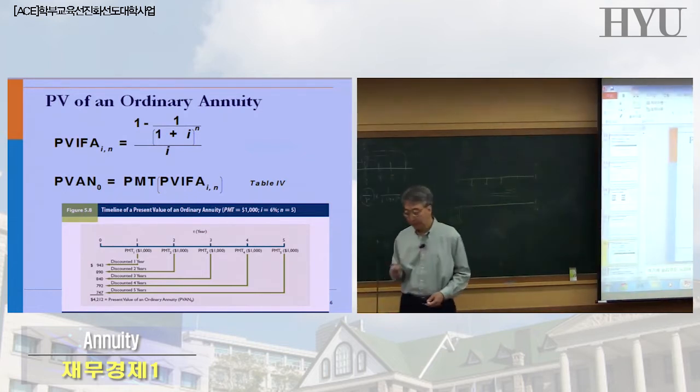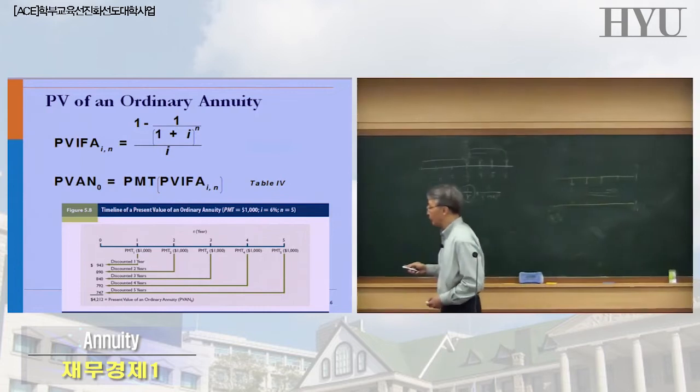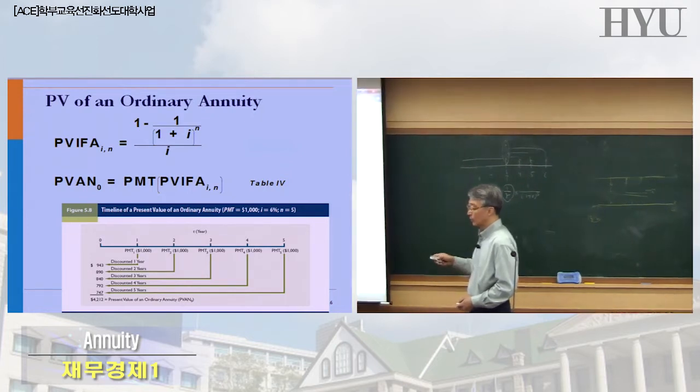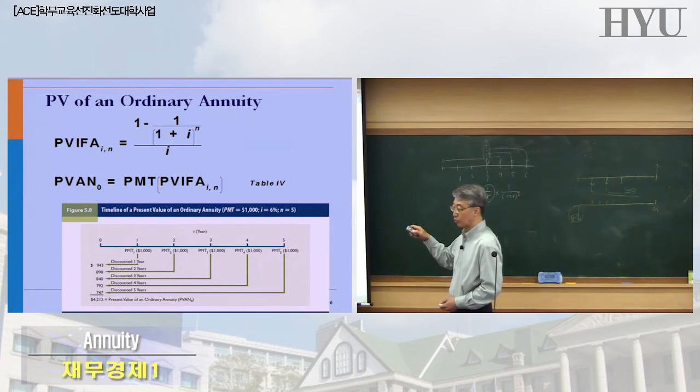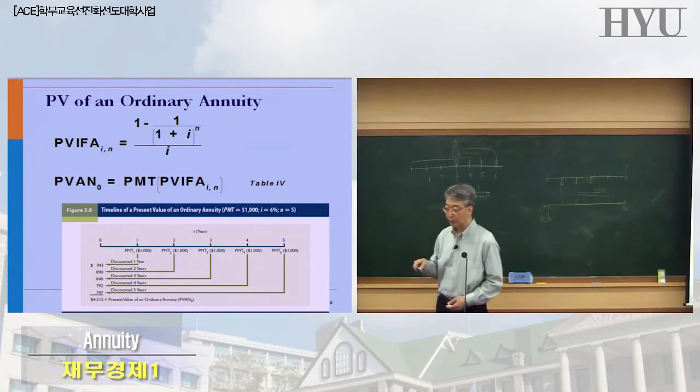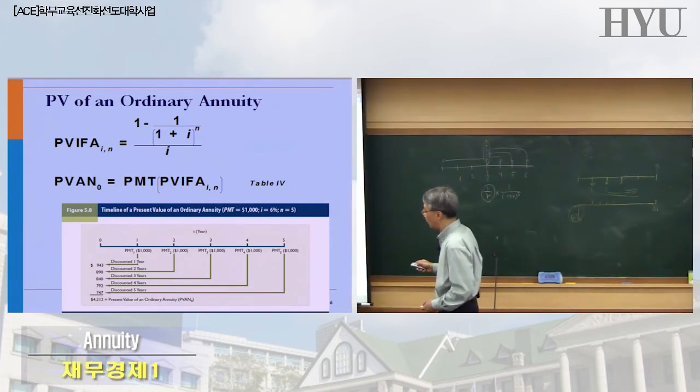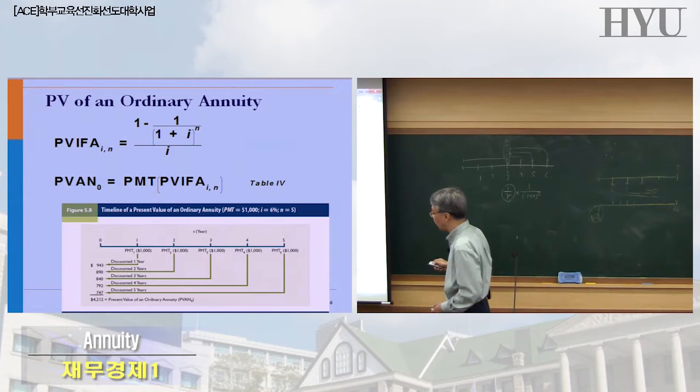Okay? Again, you can use the table. Table 4 gives you PVIFA, which is this formula. Okay? So if you find the corresponding interest rate across the table and come down to the correct number of years or number of periods, then apparently here what we have is 5 periods and interest rate of 6%, right?